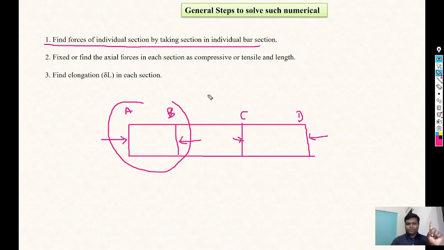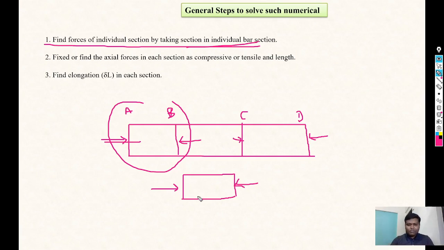That is the first thing. The second is to find the axial force of each section as compressive or tensile, and the length. Suppose you have calculated the force on section AB. How to calculate the direction or decide the direction, we will discuss in the numerical.